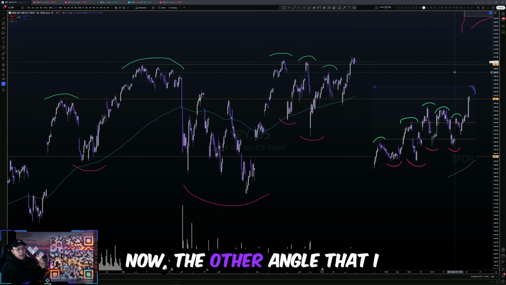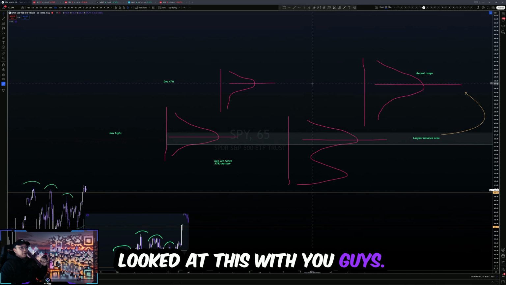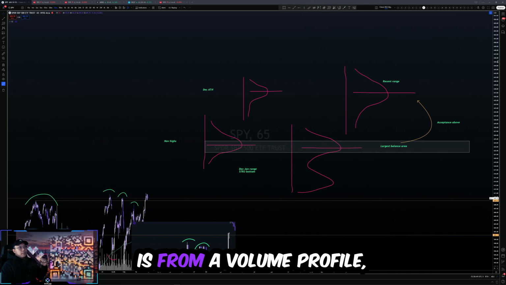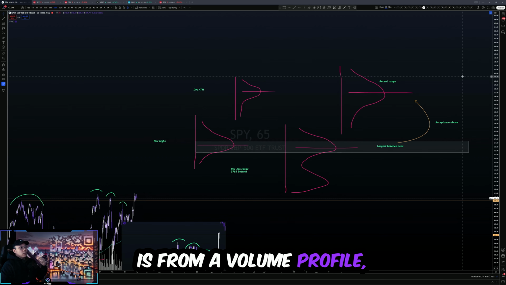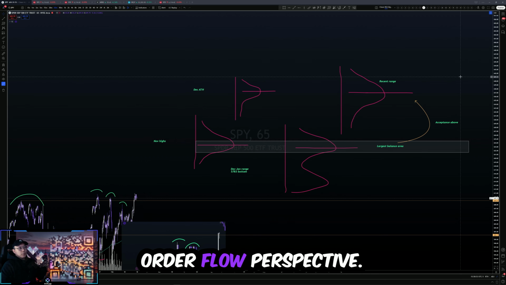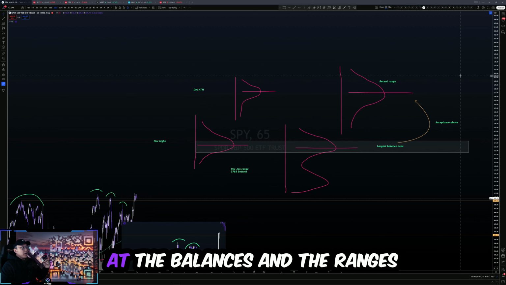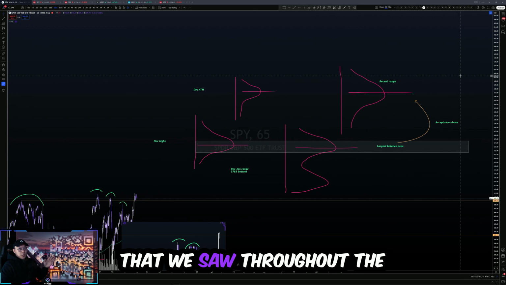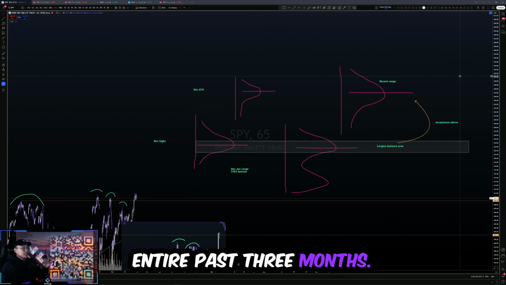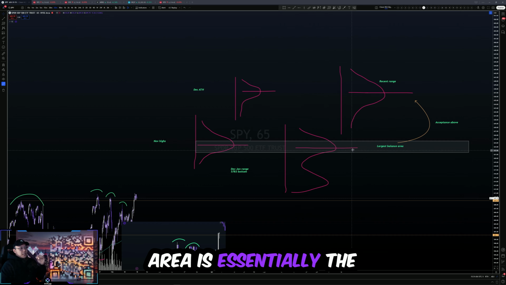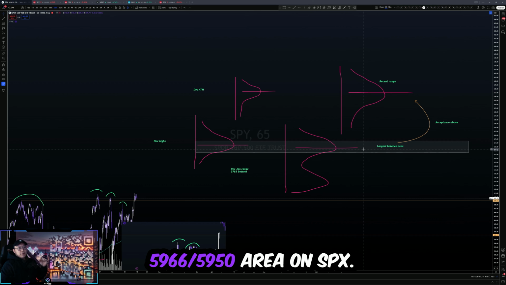Now, the other angle that I looked at this with you guys is from a volume profile, auction market theory, order flow perspective. When we actually take a look at the balances and the ranges that we saw throughout the entire past 3 months, this largest balance area is essentially the 5966, 5950 area on SPX.